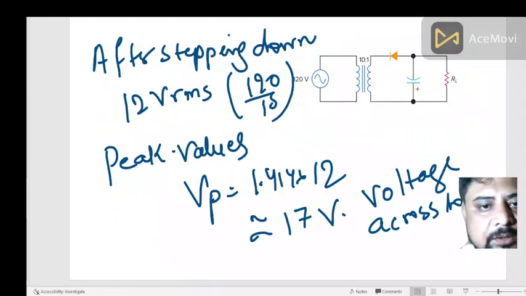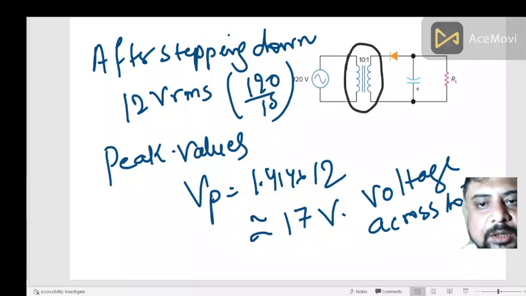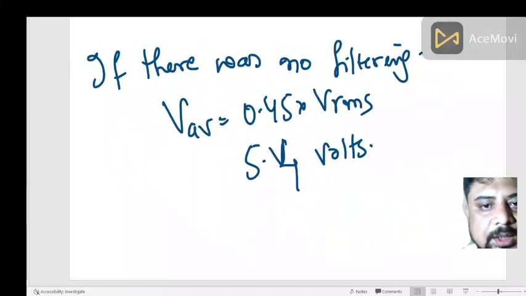If you are considering this half wave rectifier with a capacitor filter and you have a 120 volt AC supply and a transformer with a turns ratio of 10:1, then the RMS will be 120 by 10 equal to 12 volts, and the peak value will be 1.414 into 12, that is approximately 17 volts.